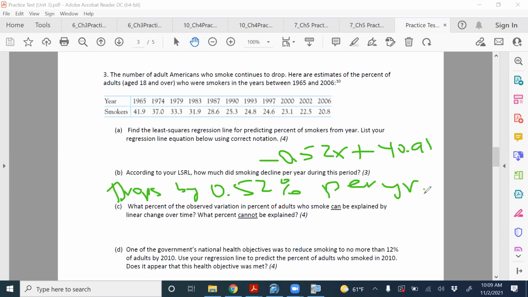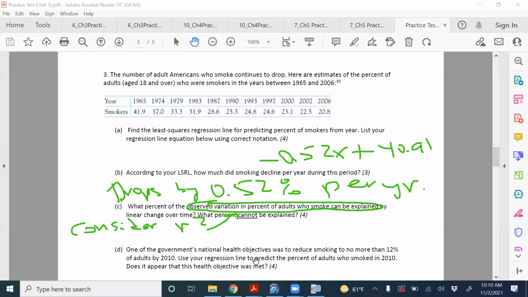Now, what percent of the observed variation in percent of adults who smoke can be explained by the linear change over time? Okay, what percent cannot be explained? This is a little tricky, this question, but it's not that hard. What you have to do is consider R squared. R squared is what you use to explain what percentage of variation can be explained by the change in time.